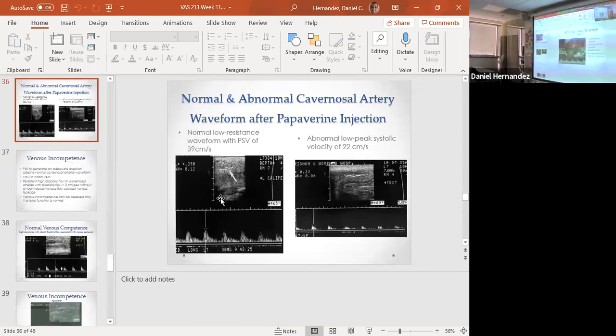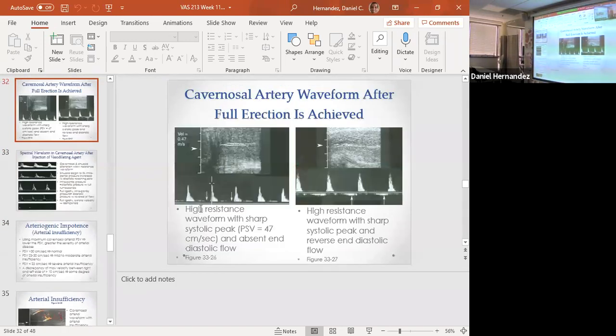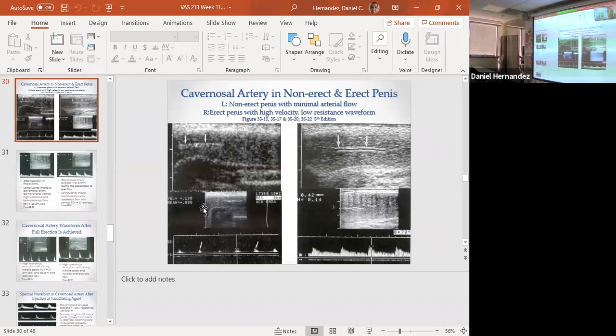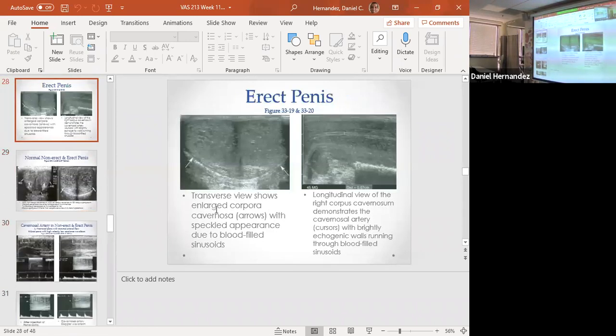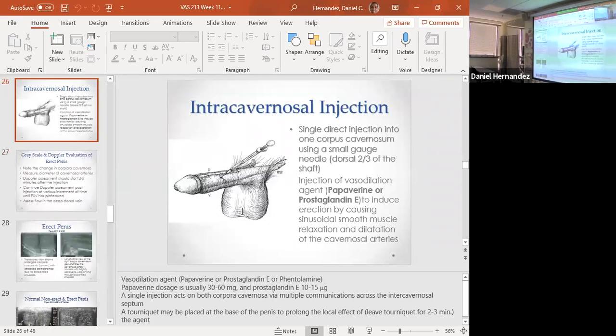You inject to create the erection. Yeah, don't look.